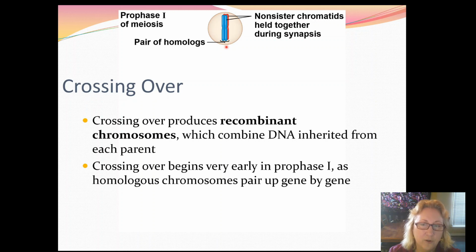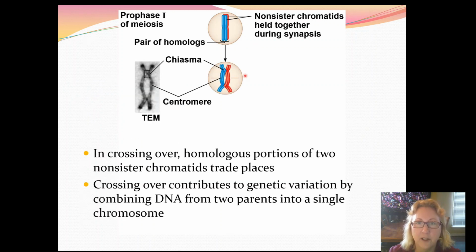So 2 of the chromatids are going to stay parental type, and 2 of them are going to cross over. So 2 of the non-sister chromatids are going to cross over, and you'll notice they call this crossover point a chiasma, from the Greek letter chi for X. Because scientists like to name things, this just means X-shaped. I'm not going to ask you for that word on the test.